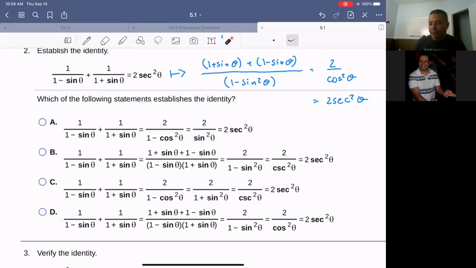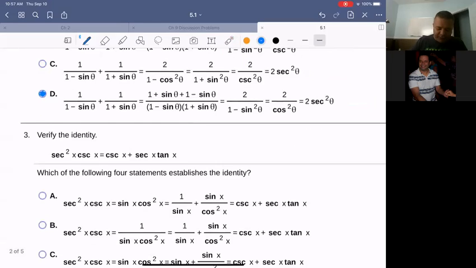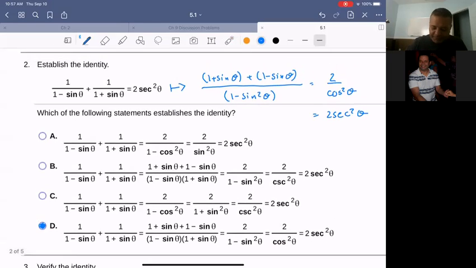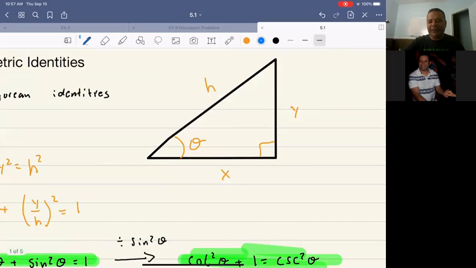Now, process of elimination, D should be correct, but let's just check. 1 plus sine theta plus 1, okay. 2 over 1 minus sine squared of theta, I'm good with that. That's basically in between here and here. 2 over cosine squared of theta, that looks like D. 3 is similar. No, we'll pass on 3 now. Okay? All right. I'll see you all in the next page.